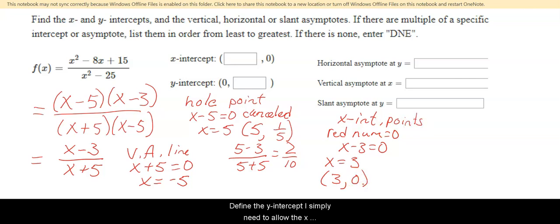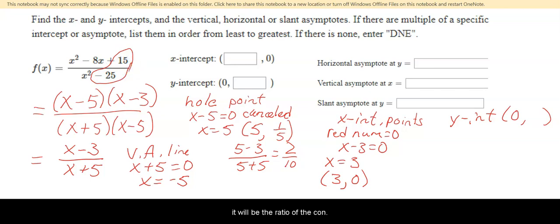To find the y-intercept, I simply need to allow the x-coordinate to be 0 in any of the versions of this problem. It might be easiest to return to the unfactored version since it will be the ratio of the constants. 15 divided by negative 25 should reduce when dividing by 5 to a negative 3 over 5.